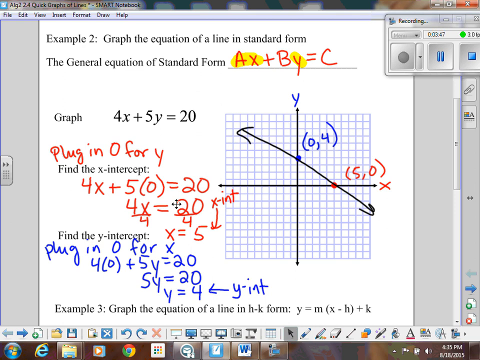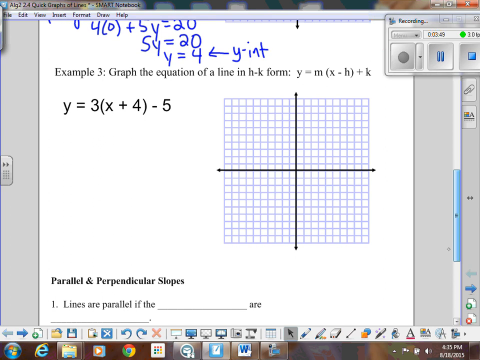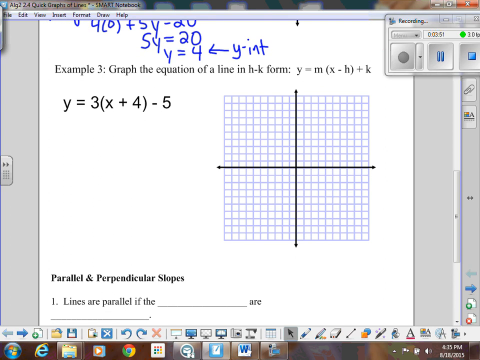The third way we can graph is in the HK form, which is what you learned in Algebra 1. So the HK form looks like this: y equals m, and then x minus h plus k. So in our equation here, my m is 3. And then for h, remember that h is opposite of the number in parentheses.